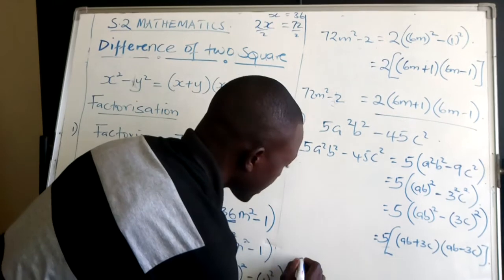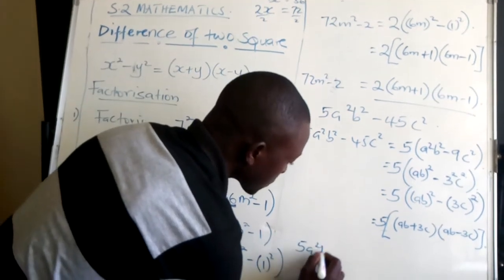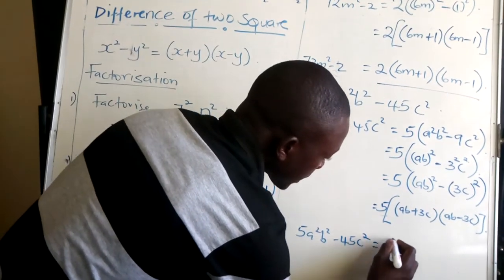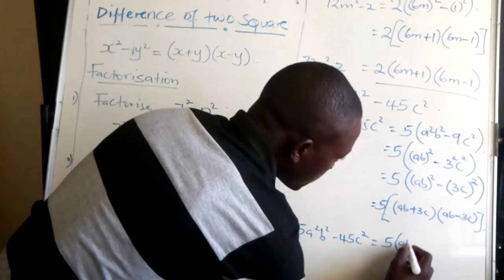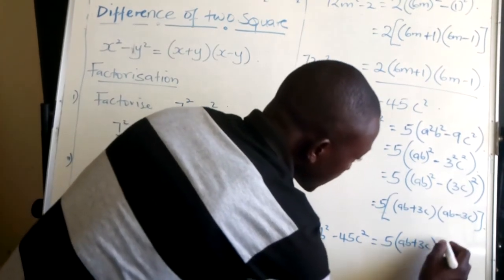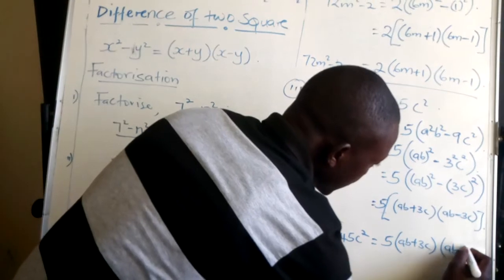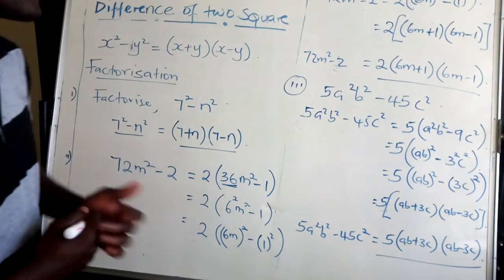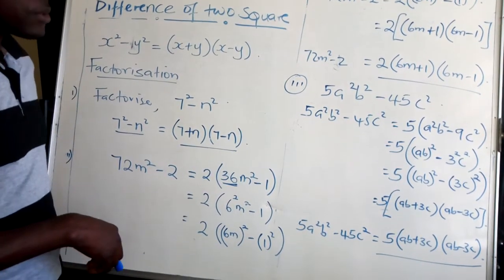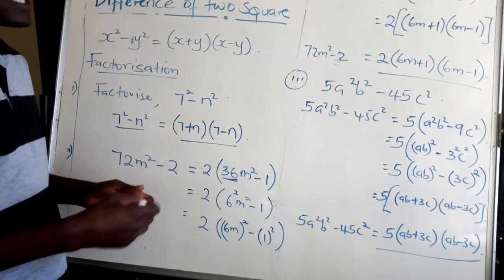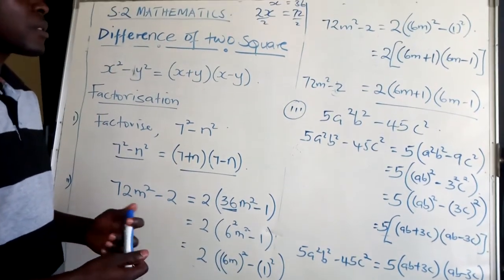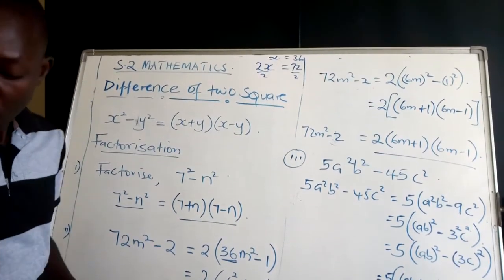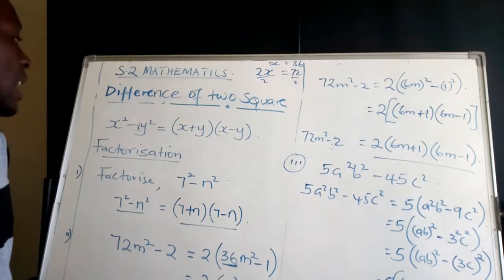And therefore, my 5a squared b squared minus 45c squared becomes 5 into ab plus 3c into ab minus 3c. So that's how we factorize using the difference of two squares. Even if it is in simplification, still you start by looking for whether there is something common, you pull it out, and also you apply the identity and factorize.